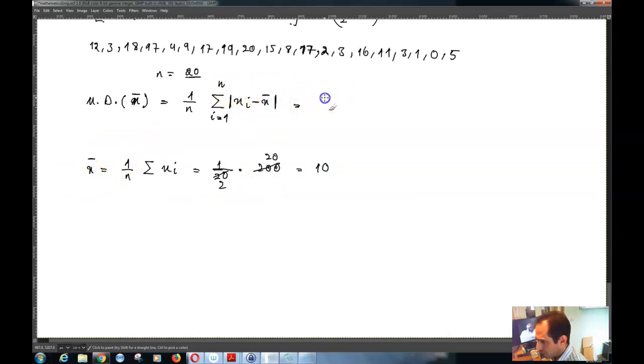So then you can write this as 1 over 20 times sigma of the absolute value of x sub i minus x bar, as i goes from 1 to n.